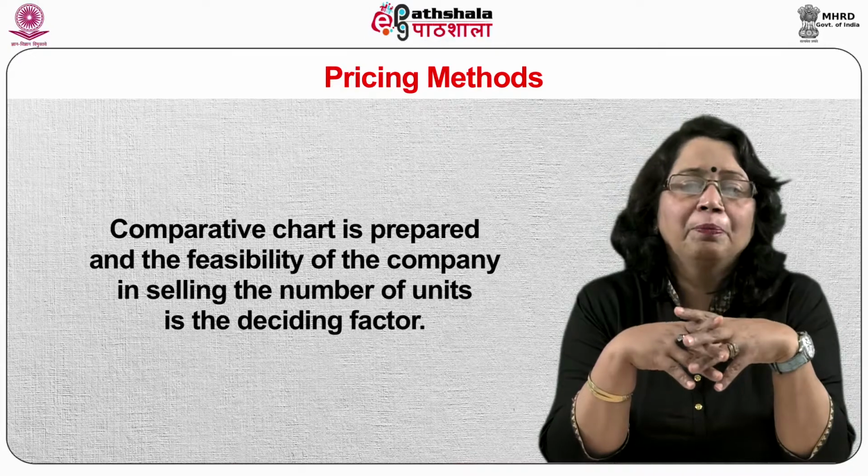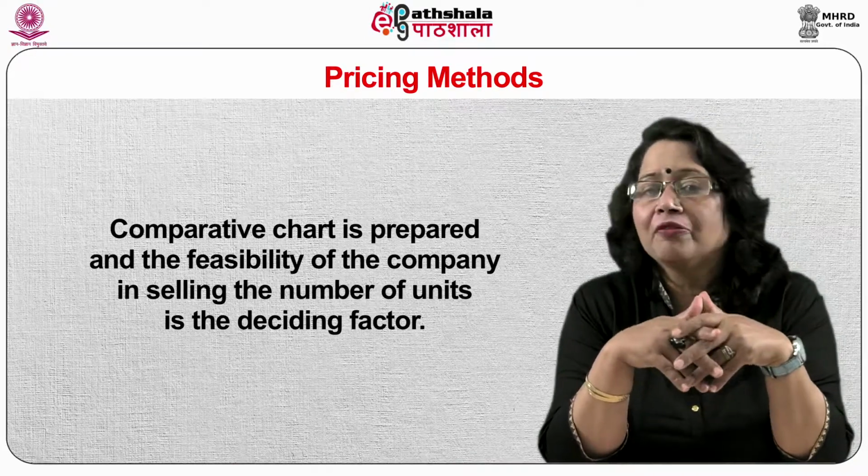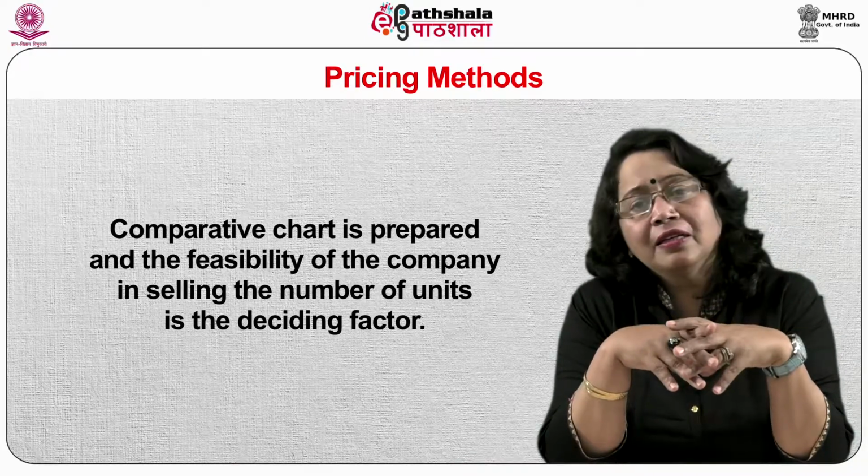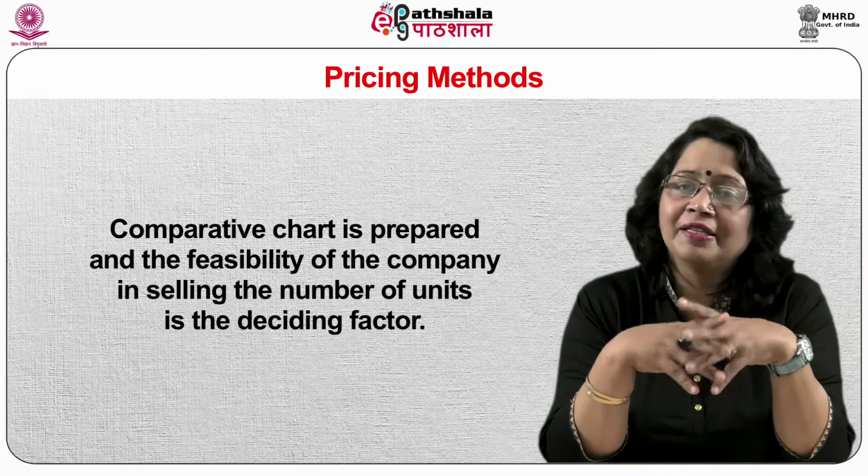A comparative chart is prepared and the feasibility of the company in selling the number of units is the deciding factor. Target price is calculated on the basis of that, but this method has a flaw. While doing pricing, the perception of customers regarding different prices is not considered.